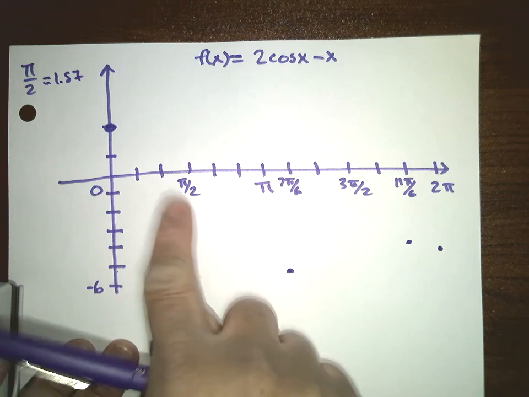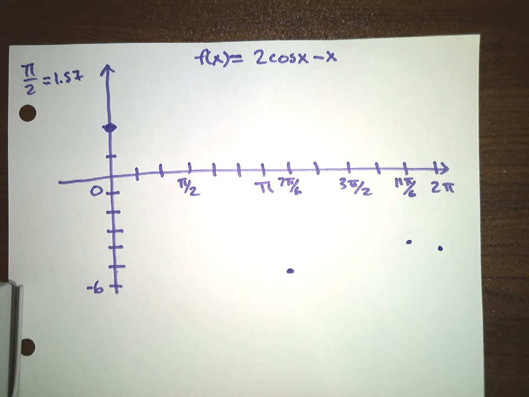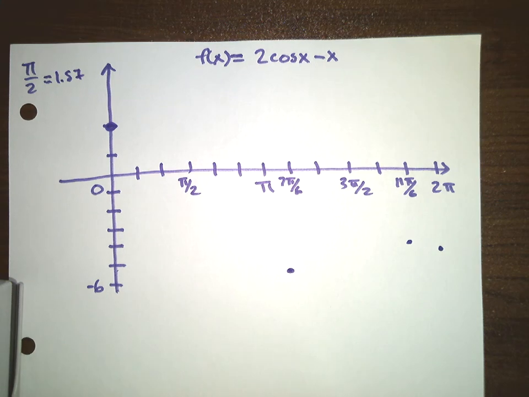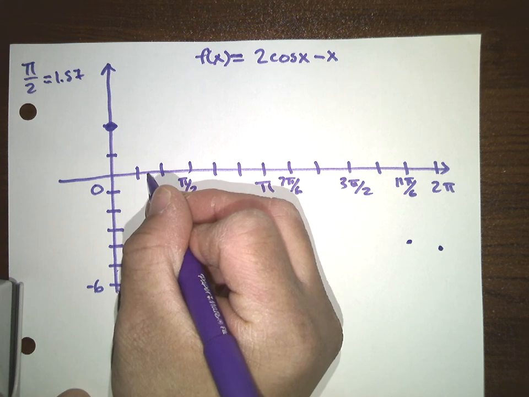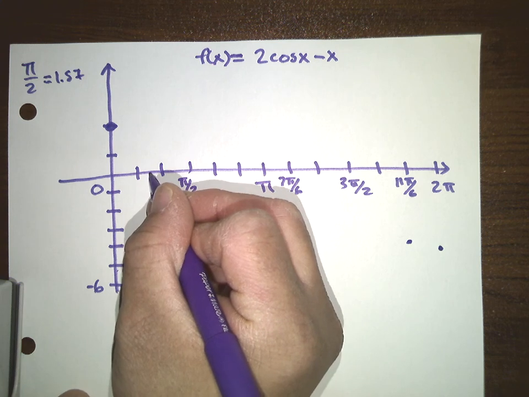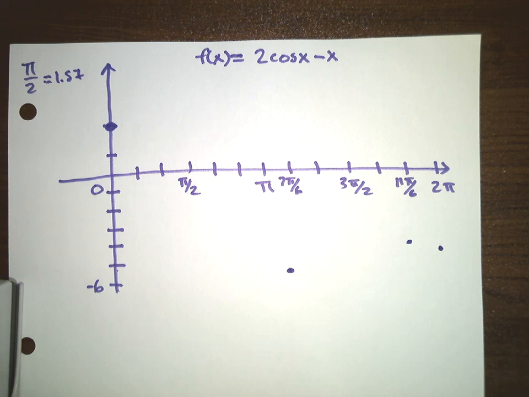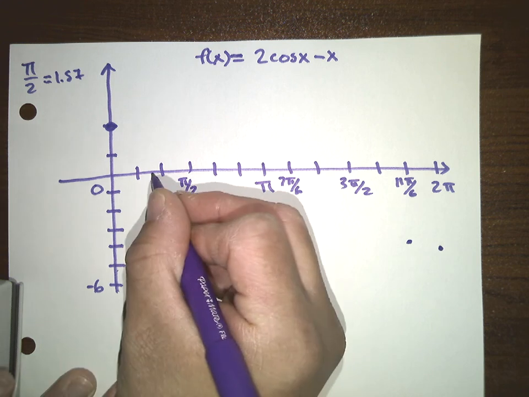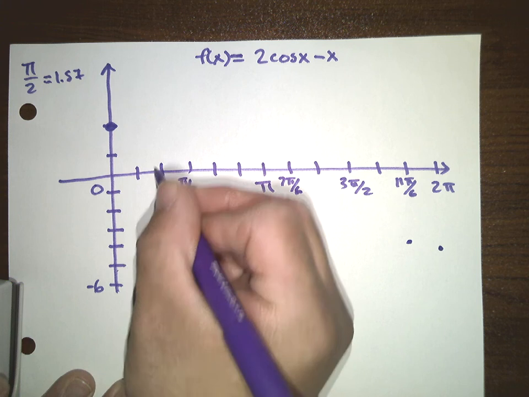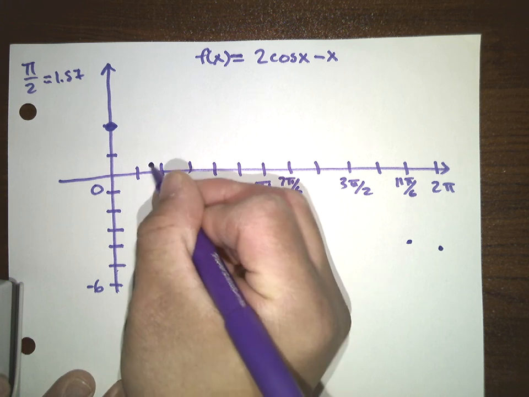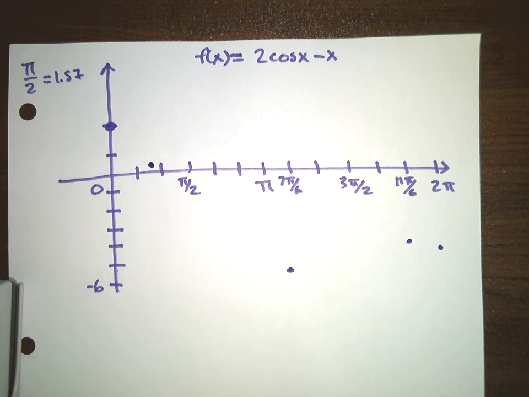So if we want f of 1, then it's somewhere right about here. So 1, and so that would be 0.08, and then 1.030.